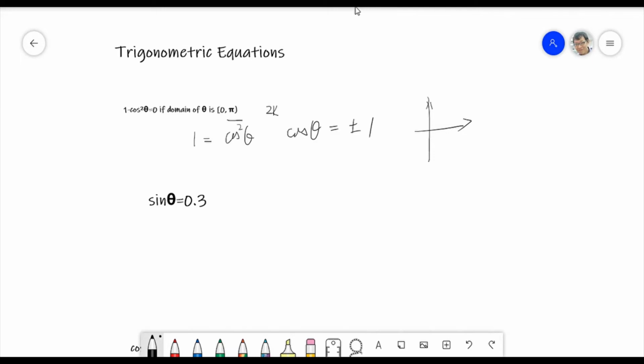Which means the point must lie either on the positive x-axis or on the negative x-axis. If positive it is 0, if negative it is pi. But here, you see, pi is not included. This is a bracket sign, so only 0 is included. So theta equals 0.